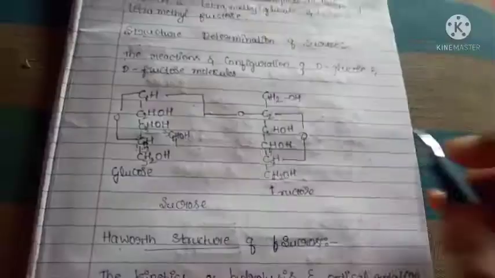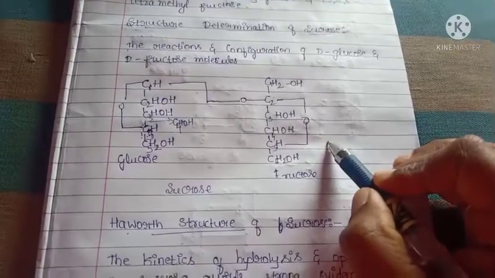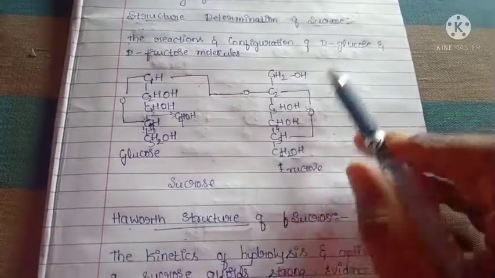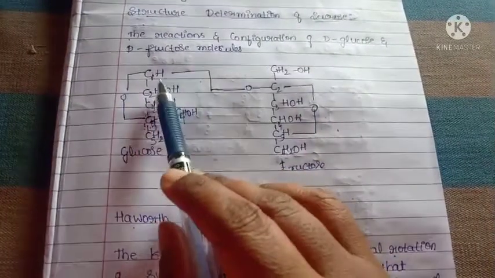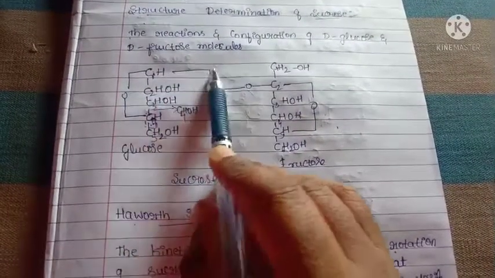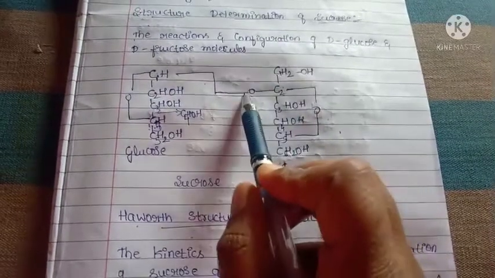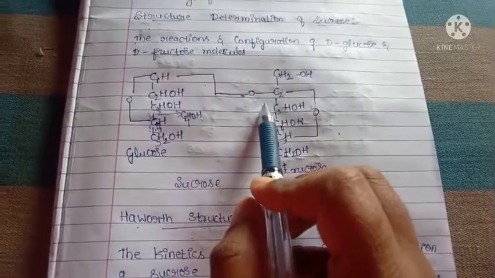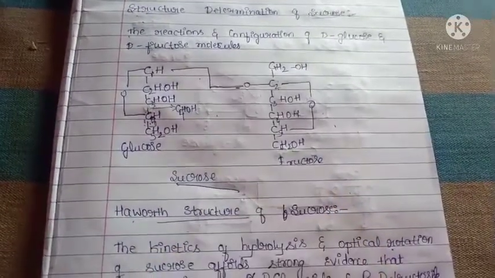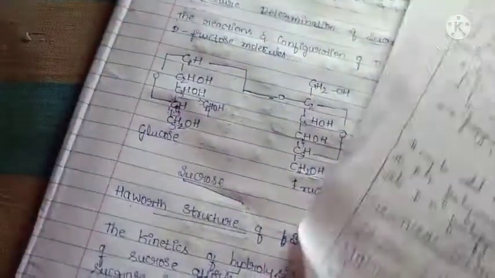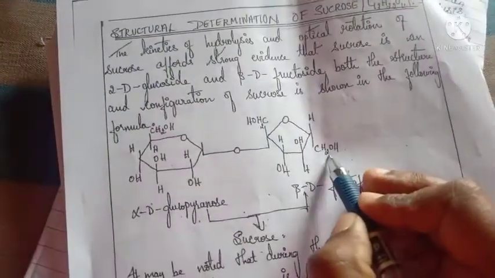Okay, the structural determination of sucrose. This is the cyclic structure of sucrose. Here the glycosidic linkage is formed between the C1 carbon atom and the C2 carbon atom of fructose, so sucrose is obtained. This is the Haworth structure of sucrose.